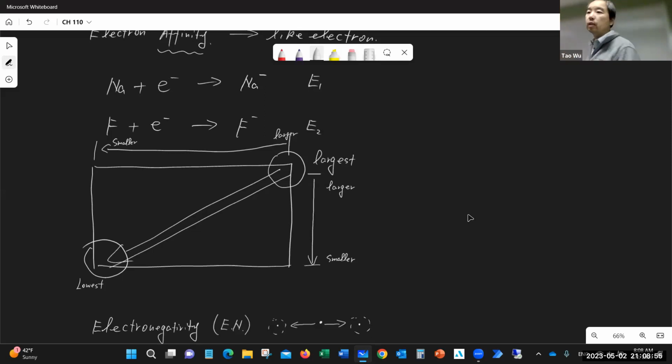Bottom left don't like to gain electrons. And this trend is not including the neons, the noble gas. Probably start from here, because this one is the one that most likes electrons. Neon doesn't like electrons. They have packed electrons, so they don't need any.